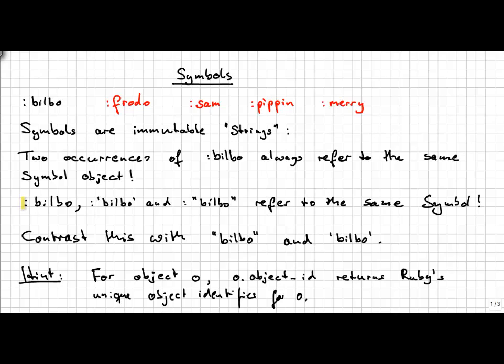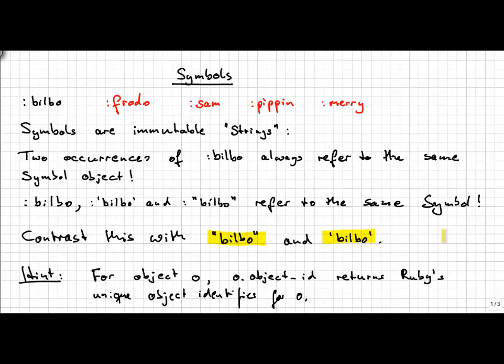And if you create a symbol :Bilbo, :'Bilbo' with single quotes, and :"Bilbo" with double quotes, all refer to the same symbol. This is very different from strings, because the string "Bilbo" and the single quoted 'Bilbo' typically refer to different string objects.